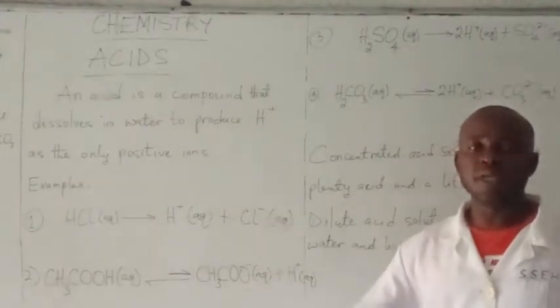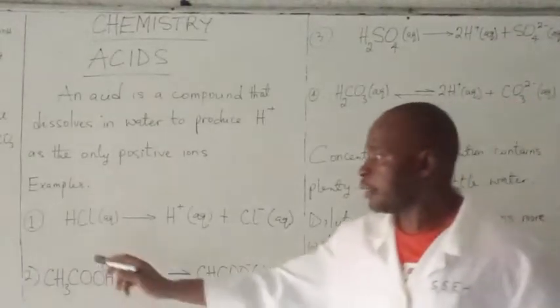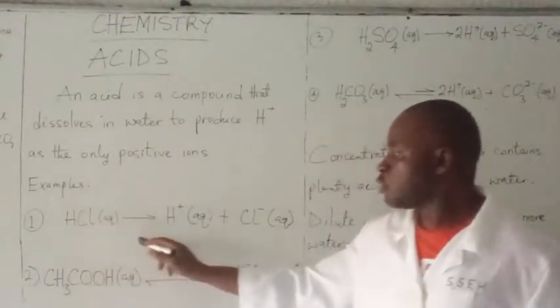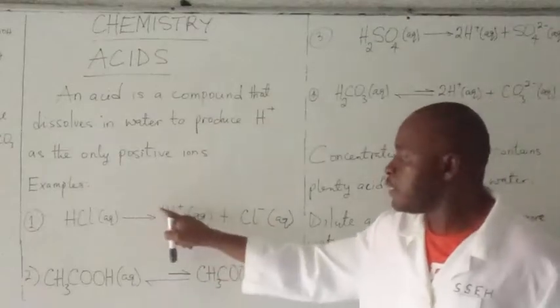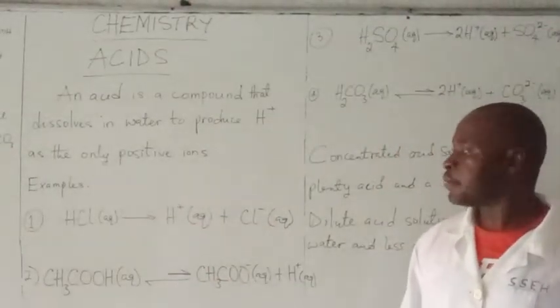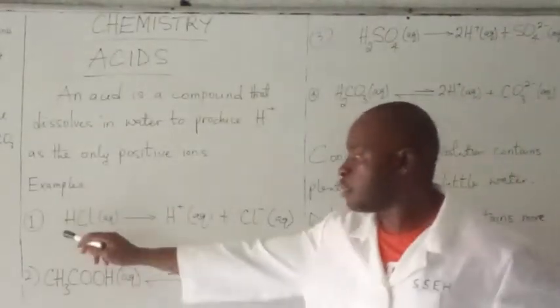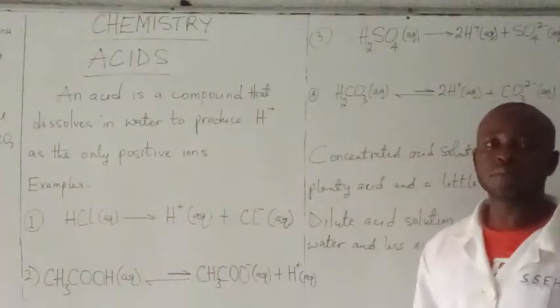You may be asked to talk about the basicity of an acid. What is the basicity of an acid? Look at this example 1 here. When this acid dissociates into ions, how many molecules of hydrogen ions do we have? The coefficient here, what is it? 1. That means the basicity of this acid is 1.